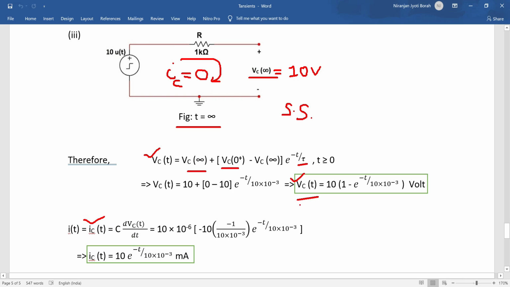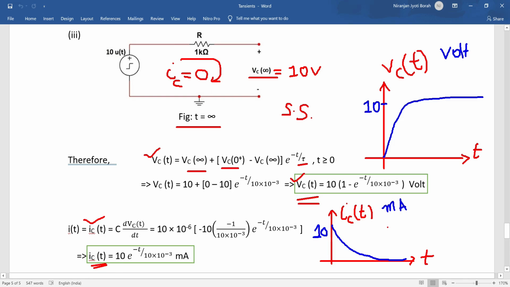If we try to draw the graphs for the voltage across the capacitor and the current flowing through it, the corresponding graphs will be as shown. Now we are in a position to simulate the circuit and verify the result obtained by this theoretical calculation.